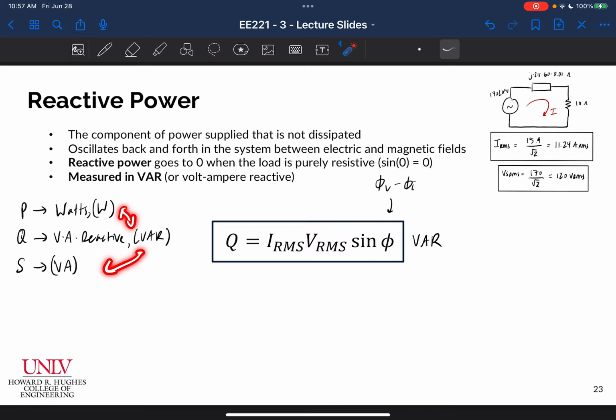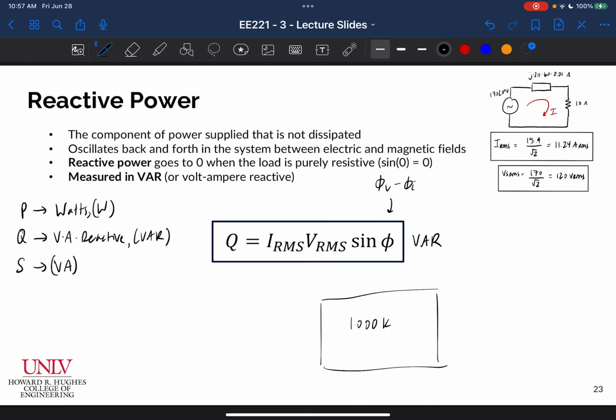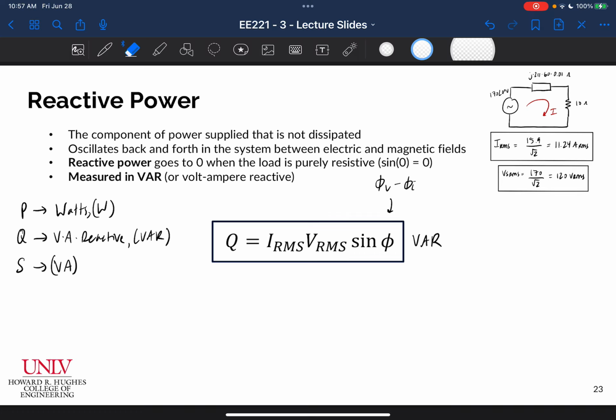If I just saw a value on the side of a machine that says 1,000 kilowatts, and we didn't have this standard, we would have no idea whether it was talking about real power, apparent power, or reactive power. And so what you will sometimes see on the side of machines is 1,000 kilovolt amps reactive, and you're like, okay, so you're talking about reactive power. This is the reason for this distinction.